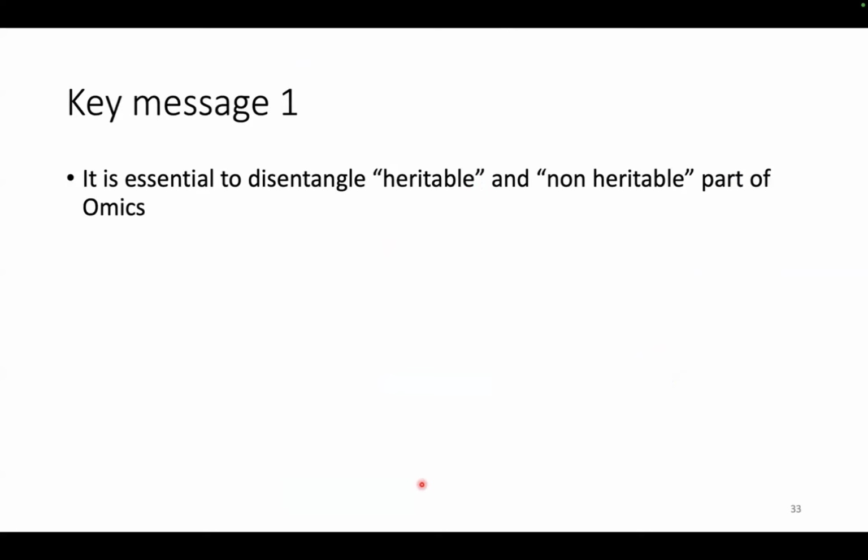It's very easy to fit models with omics, and you have a bunch of models with them. But if you want to use this model for genetic improvement, you need to have a tool, it can be this model that we propose, it can be something else, to separate what is heritable from what is non-heritable. Because if my omics are affected by the environment, I cannot transmit them to my descendants, basically.